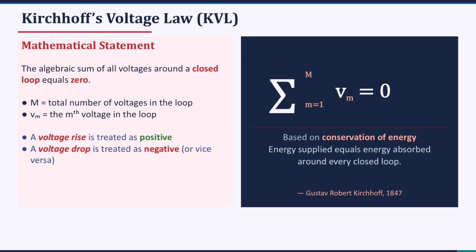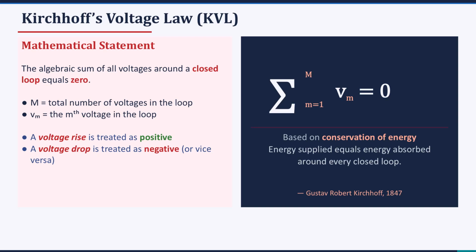Now, let us study KVL in detail. The mathematical statement is: the algebraic sum of all voltages around a closed loop equals 0.